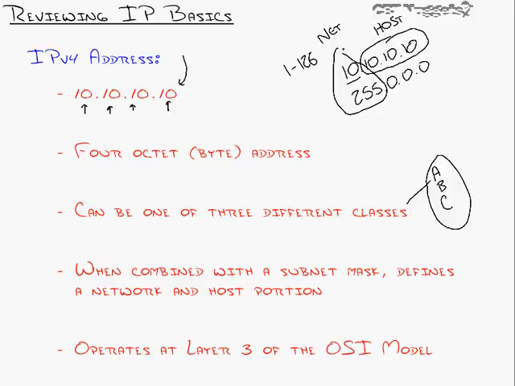Now with a class A address, you get one network here, 10, and 16,777,214 possible hosts on that network. Meaning if every single one of these was to go from 0 to 255, which is the biggest number you can have in an IP address, you'd get 16 million some addresses that you could use. Now, the recommended maximum number of hosts per network is 500.